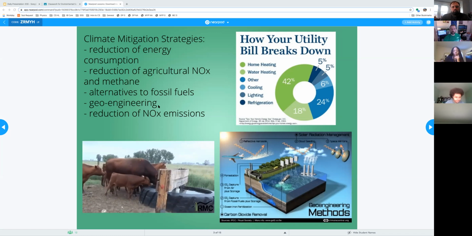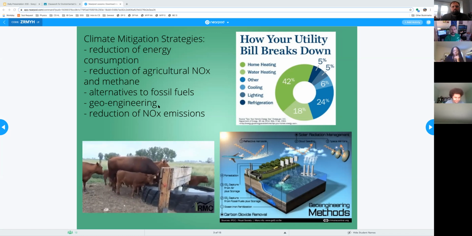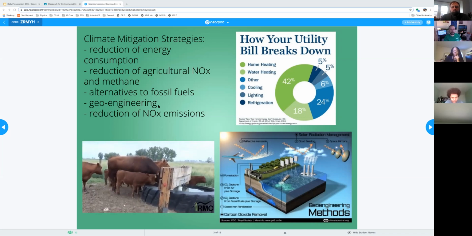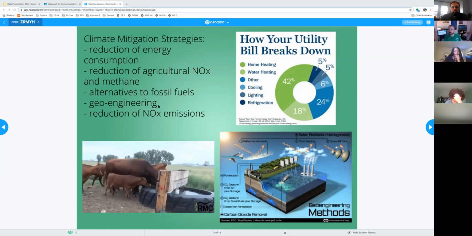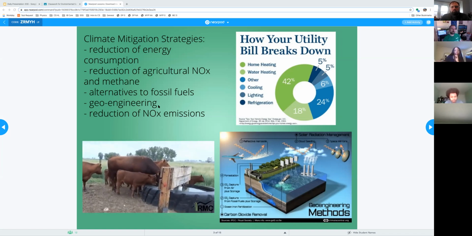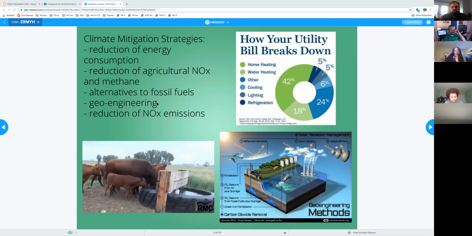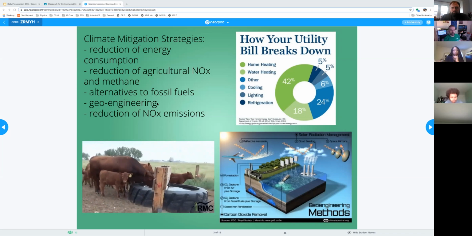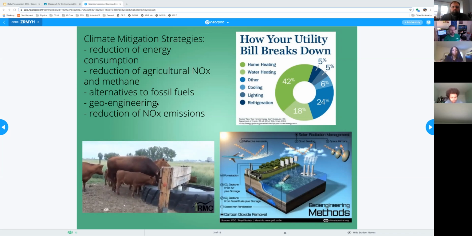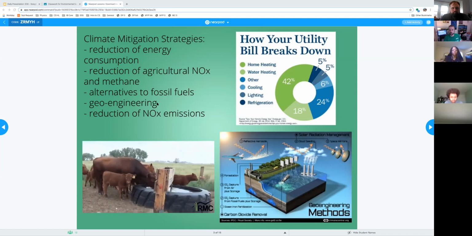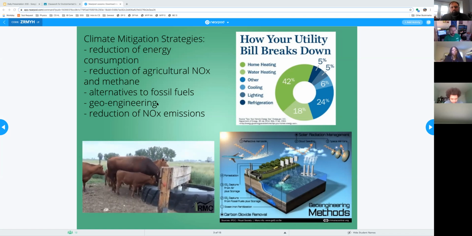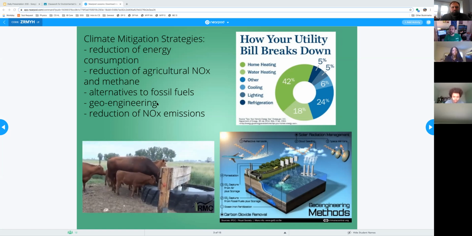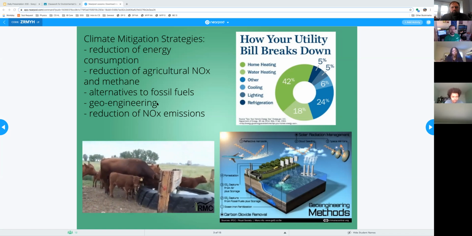Geoengineering is a new term. Does anyone know what geoengineering refers to? And don't just give me examples from the bottom right, but generally, what do we mean when we say geoengineering? That is a book definition. Thank you. So what does that mean? What are we doing when we're doing geoengineering?